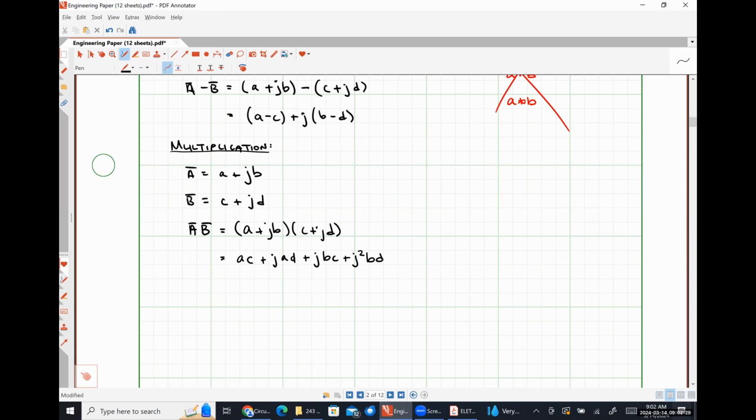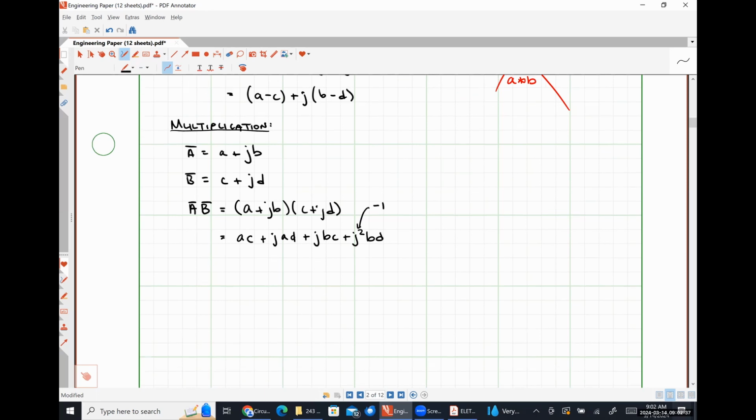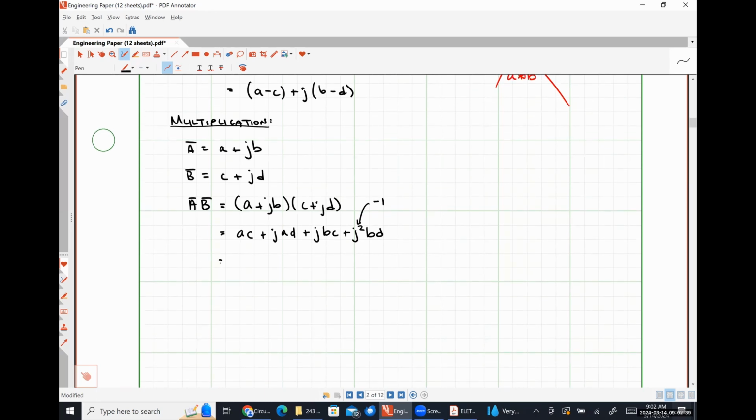Okay, so what's I squared? Negative 1, right? So this right here is just negative 1. Now we can lump some things together. We have a real part that is AC, and another real part that is negative BD.